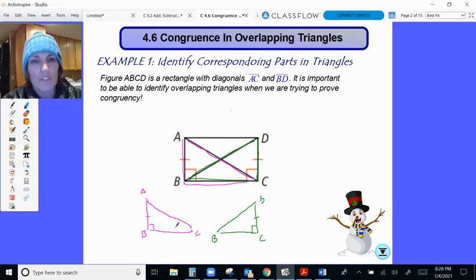Okay, here we know that AB corresponds to DC. Angle B corresponds to angle C, and then BC corresponds to BC because it's a shared side right here. Okay, and so sometimes pulling them apart and writing them helps you identify the congruent parts, corresponding parts.